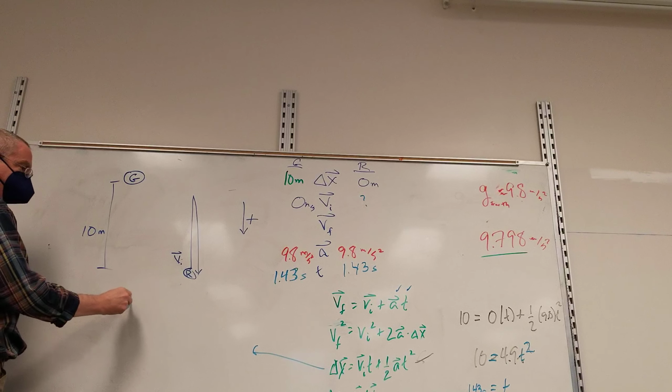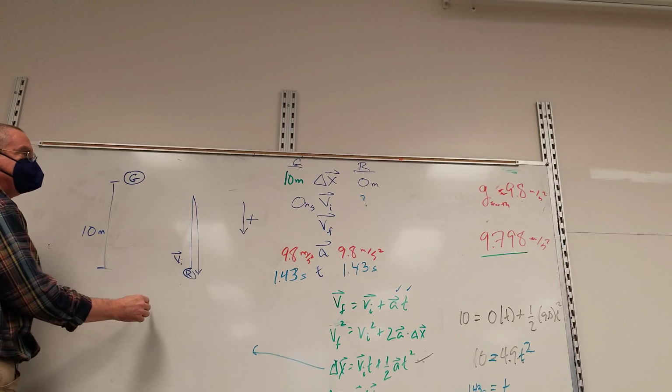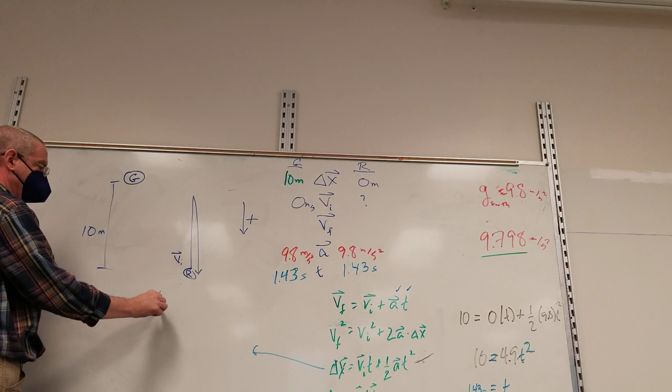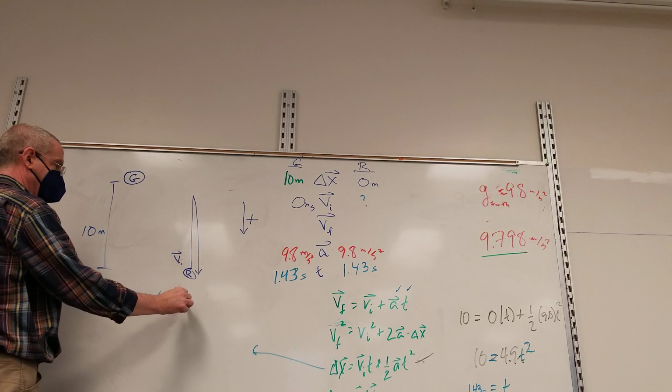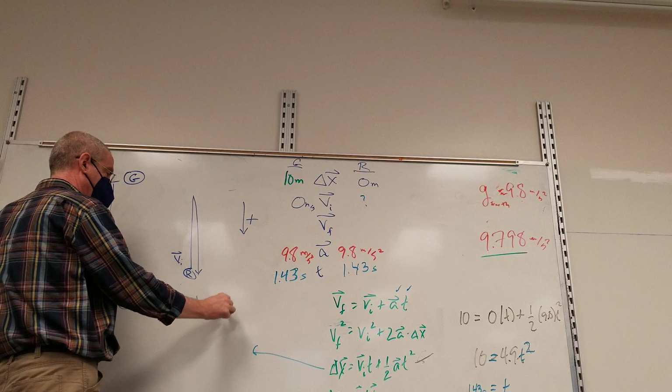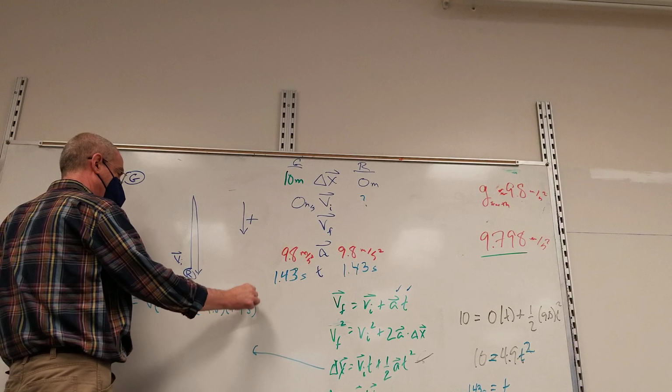So if we use that one, we have 0 is equal to, I'll just label it as V times 1.43 plus 1/2 times 9.8 times 1.43 squared.